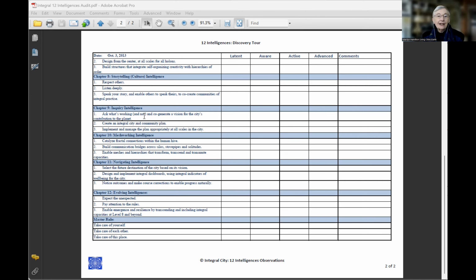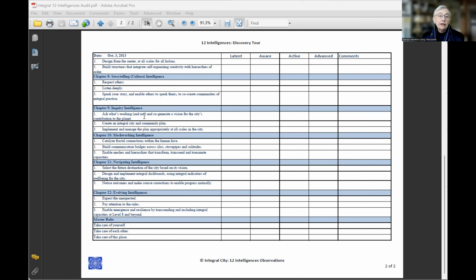Silos for sectors, stovepipes for groups that don't want to associate with others or are afraid to, and solitudes, which are the individuals in our city that may feel that they're isolated and not able to connect. So meshworking reaches out to include all of these and building bridges between them.